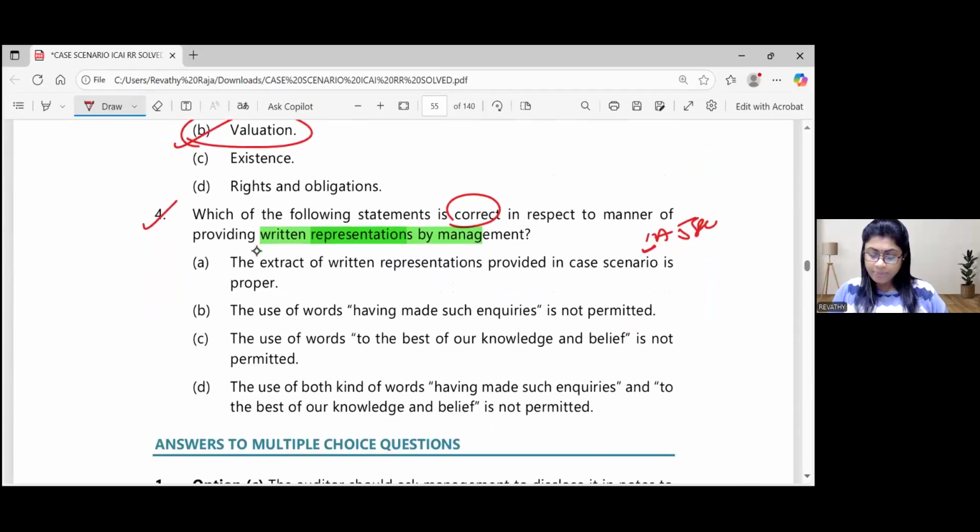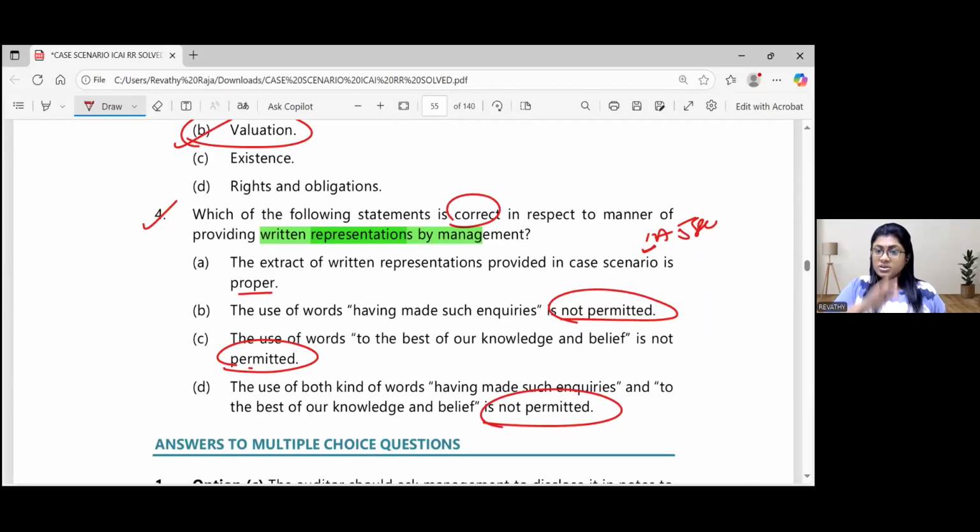So read the option. The use of wordings of such are not permitted. Not permitted means it is not allowed at all. See, not permitted means not allowed at all. Is it allowed? Answer is, if it is reasonable and satisfied, you can accept.